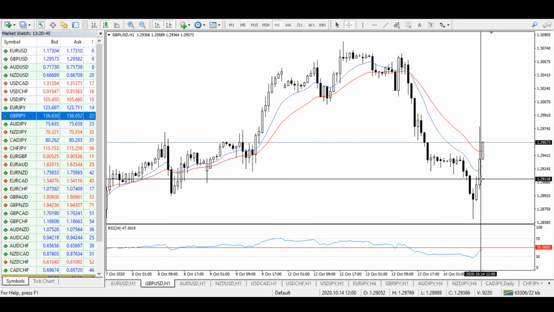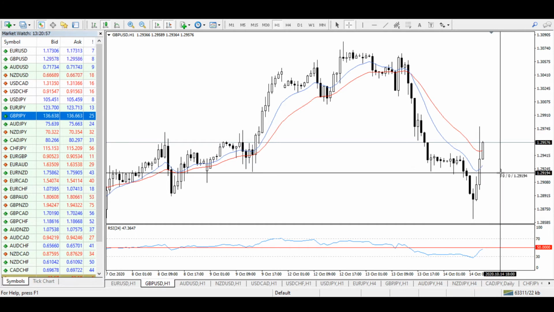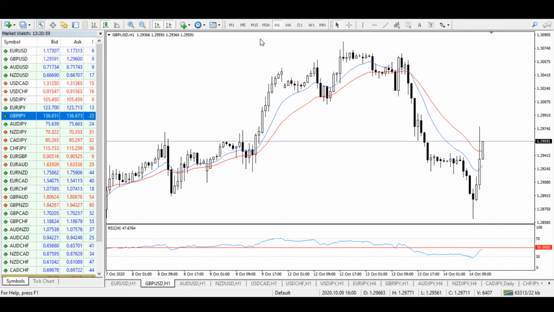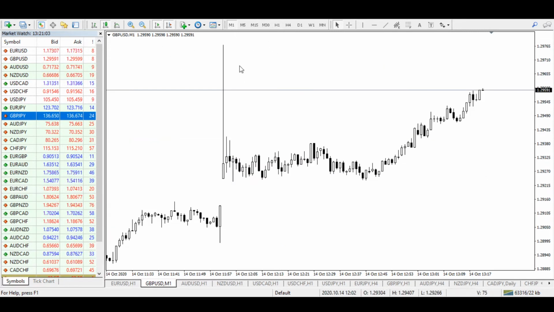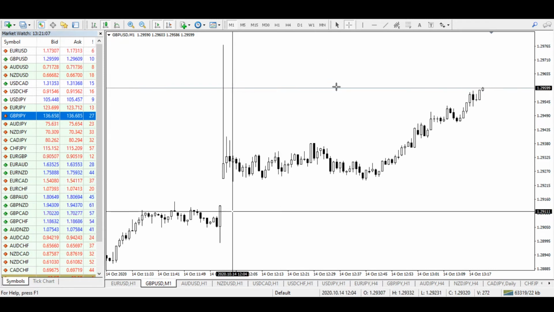They are not walking away from the Brexit deal, so they will perhaps finalize a win-win kind of deal. And when there is a good deal, there is a good sentiment for the pound. That's why the pound suddenly bounced up, and I wanted to see whether this bounce was going to sustain. I'll show you the bounce.